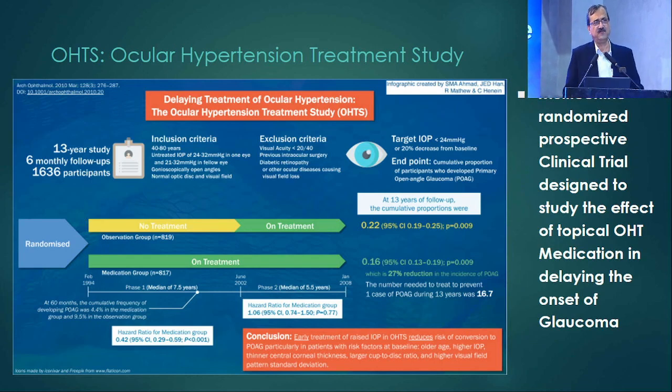Before we see whether to treat ocular hypertension or not, you must know a little bit about the Ocular Hypertension Treatment Study. This is a multicentric randomized prospective clinical trial designed to study the effect of topical ocular hypotensive medication in delaying the onset of glaucoma.